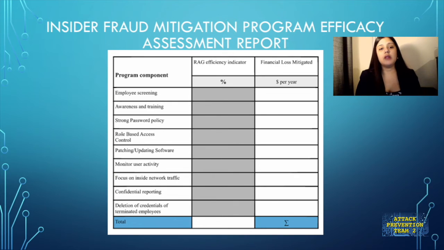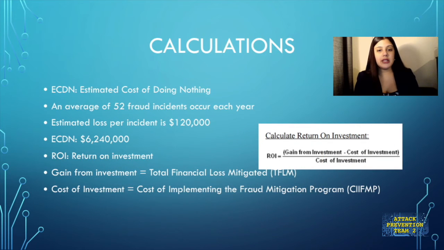Lastly, the final column to the right will show the calculations of financial loss mitigated for each of the program's components, which together will equal the total financial loss mitigated. Since our program does not bring direct profit to the organization, we're going to need to calculate the loss from having no insider threat program, which would be the estimated cost of doing nothing, or ECDN.